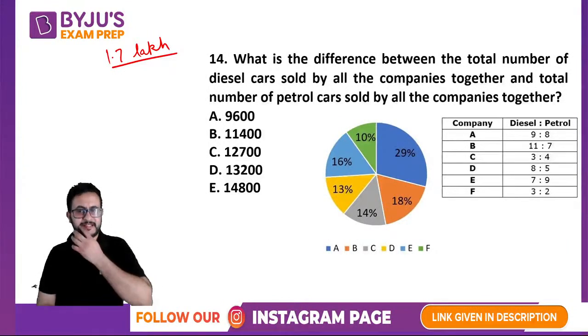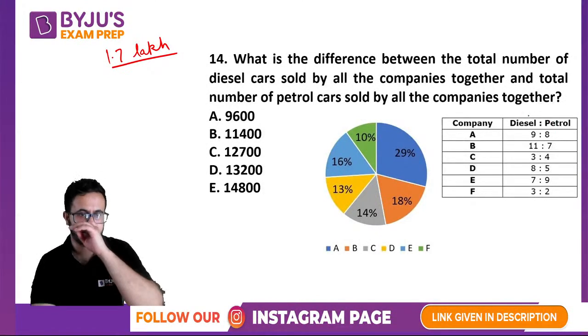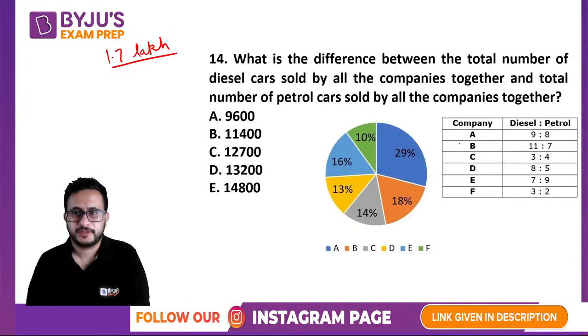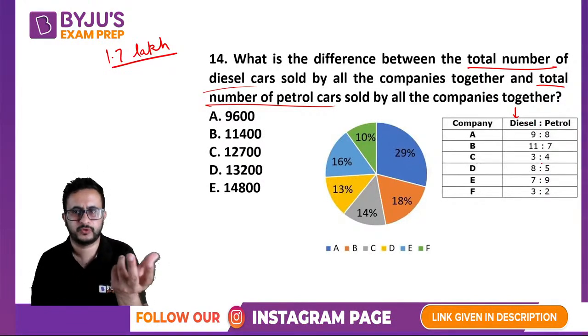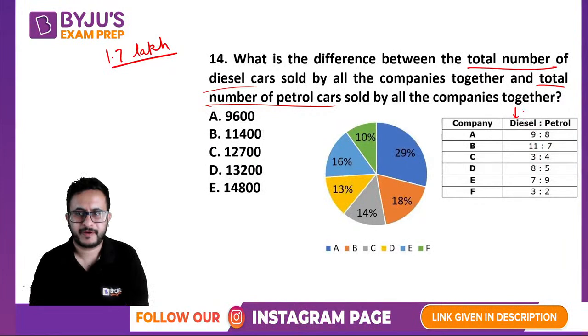Like, are you calculating diesel and petrol both and finding the difference? अगर डीजल कैलकुल और पेट्रोल दोनों निकाले तो दैट्स अ मिस्टेक, राइट? Calculate only one. So it is asking the difference between the total number of diesel cars and total number of petrol cars. ठीक है, रेशियो से निकालोगे तो दो दो निकालते रहोगे, बहुत टाइम लगेगा. Find only one. ठीक है, जो अच्छा लग रहा है, डीजल का निकालना डीजल का निकाल लो, पेट्रोल का निकालना पेट्रोल का निकाल लो. Suppose you find for diesel.